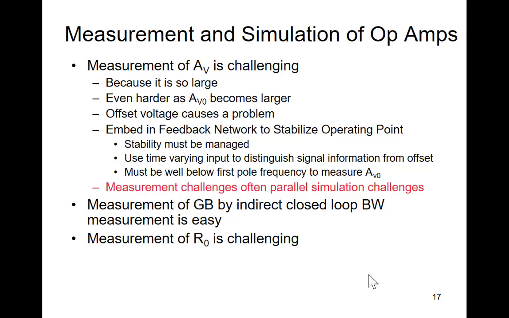If beta is 1 and A is 100,000, then R out with feedback is about 100,000 times smaller than the output impedance of the op amp. If this is 100 ohms and this is 100,000, then R out with feedback might be around 1 milliohm. Okay? So all you gotta do is measure 1 milliohm.